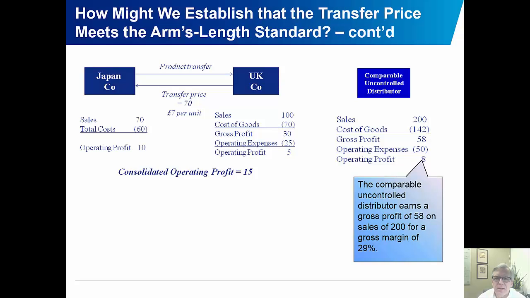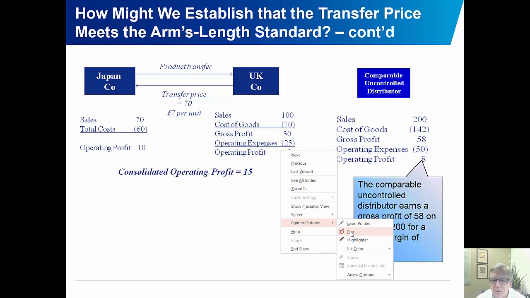In this case, suppose we go out and we search our databases and we find a comparable uncontrolled distributor. That uncontrolled distributor has sales of 200, it's got a cost of goods sold of 142, and therefore it earns a gross profit of 58. Operating expenses of 50 and an operating profit of 8. Well, now if we look at that party, we can't directly compare their gross profits because they've got much different bases, but we can look at their gross margins.